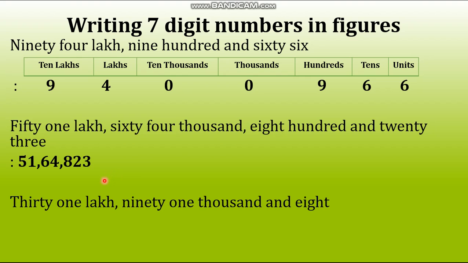Last example, 31,91,008. So here it is 31,91,008. Like this the number will appear. In this way, children, we can write the 7-digit number in figures.